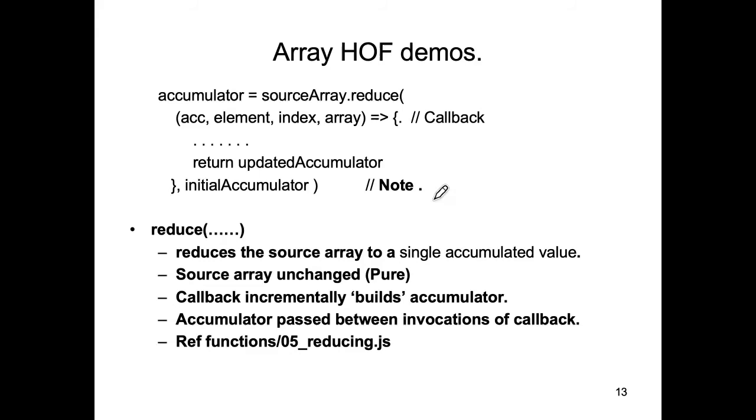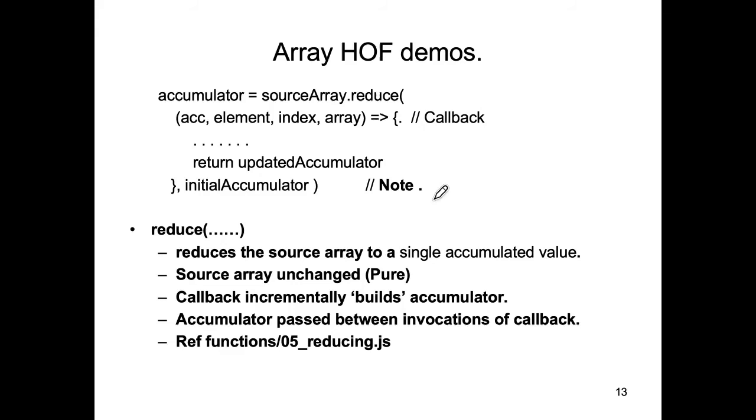So what's an accumulator? An accumulator is something that we incrementally add to, if you like. As we go through each entry in our source array, we're going to be updating this accumulator based on each entry in the input array.